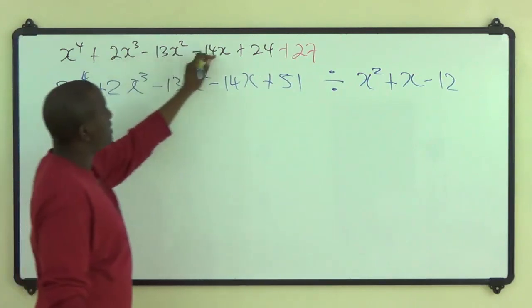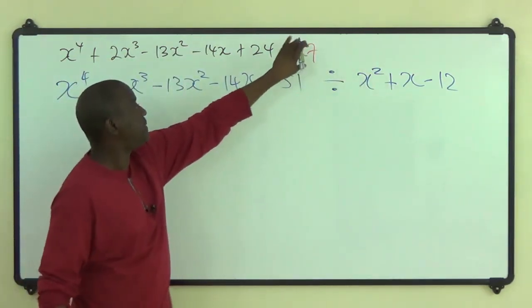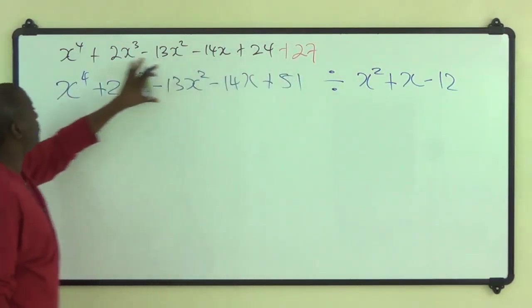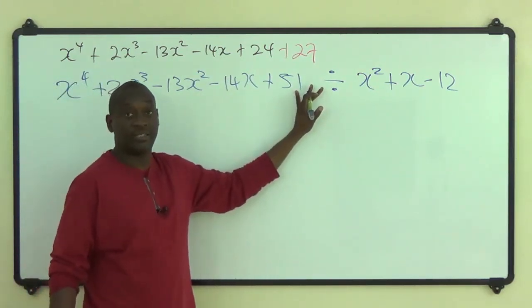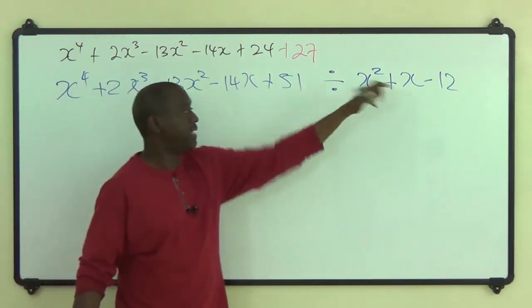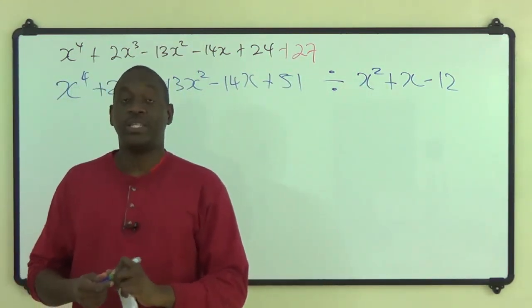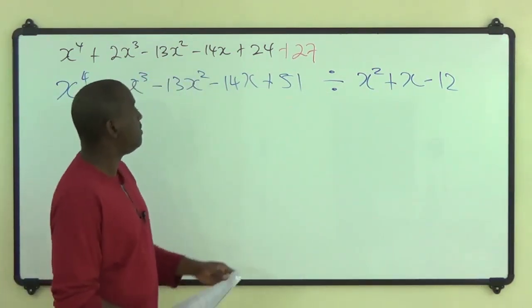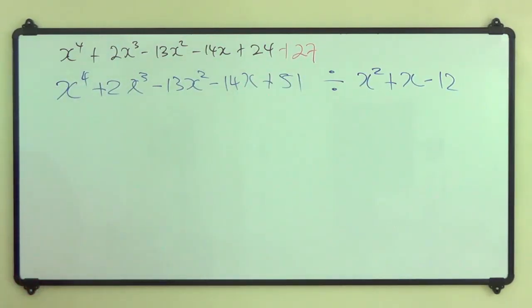However, by adding 27 to this polynomial, we have now created a situation where we expect with a lot of confidence to get a remainder if we divide this new polynomial by x squared plus x minus 12. So the next step now is to actually do the long division and verify that in fact we will get a remainder of 27. So let me check it out.